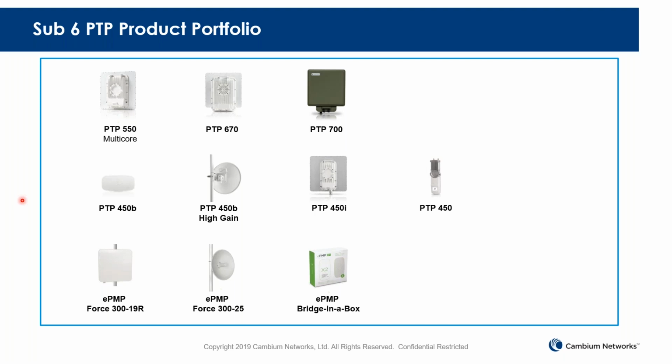Similar for the 550. For licensed microwave, it really depends on your licensing. If you want to run XPIC, the same channel with cross polarization, you go with dual pole. It gives you better capacity. If you go with a single pole, you have to use different channels because you can't run the same channel as with a dual pole.